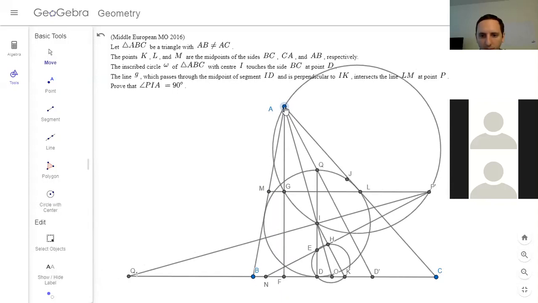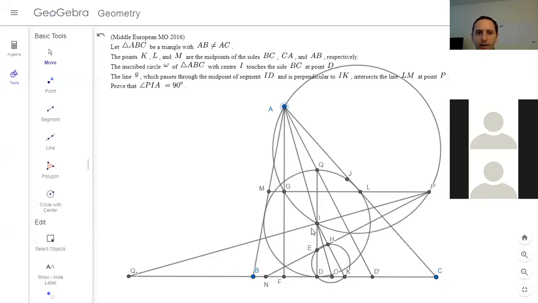Interesting. Does AI cut the smaller circles in two halves?